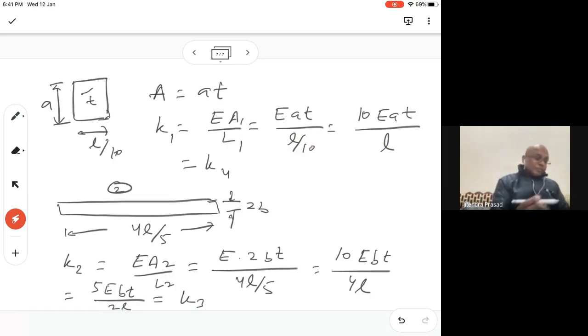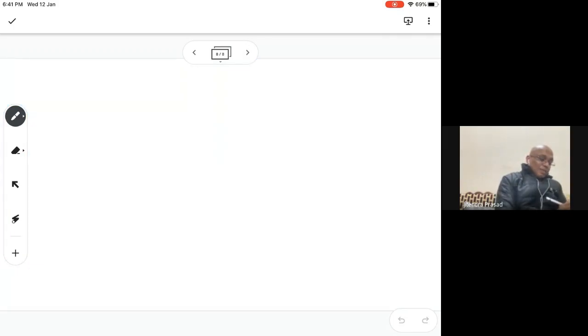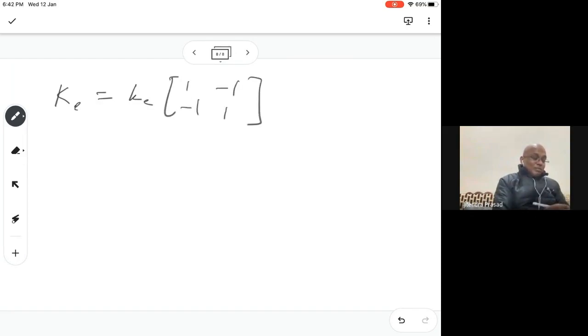Now, the element stiffness matrix, we know that Ke is equal to a small ke times [1 -1; -1 1], where e equals 1, 2, 3, and 4. There are 4 elements in this case. So this is valid like this, that we know.